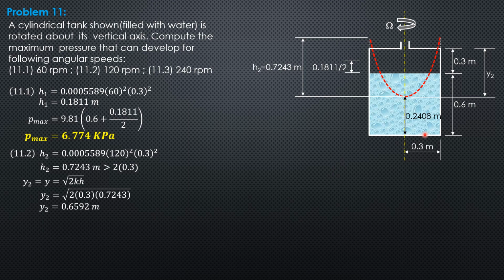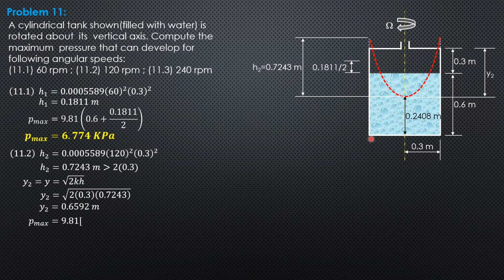Having found y2, we can compute this depth from the vortex to the bottom, equal to 0.9, that is 0.6 plus 0.3, minus y2. That's why you get 0.2408. Therefore, the distance from the zero pressure top up to here is 0.7243 plus 0.2408.